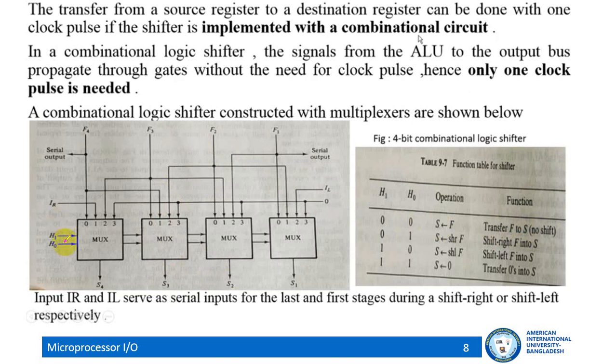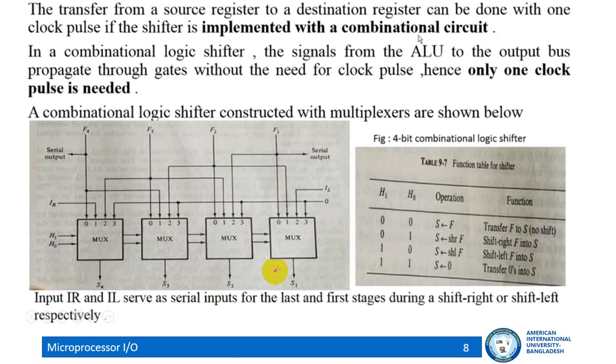If the selection bits are 0, 1, then shift right F into S. How you do shift right and shift left, I will explain with an example.